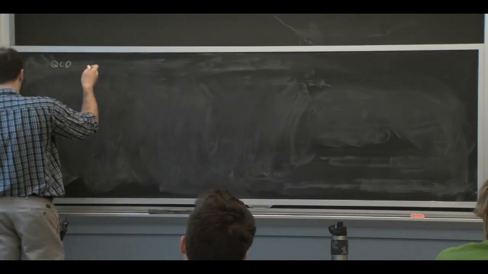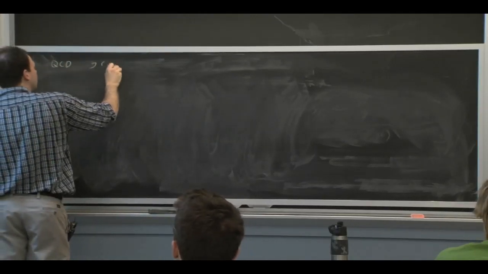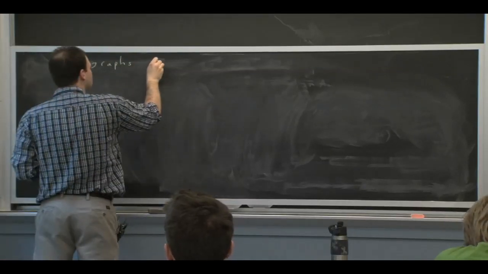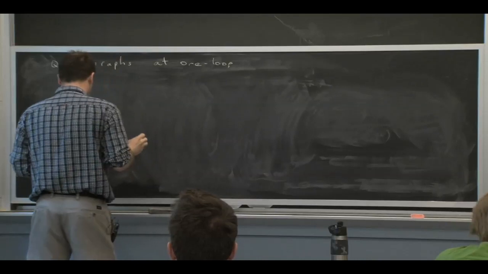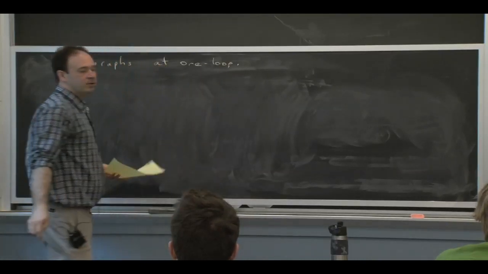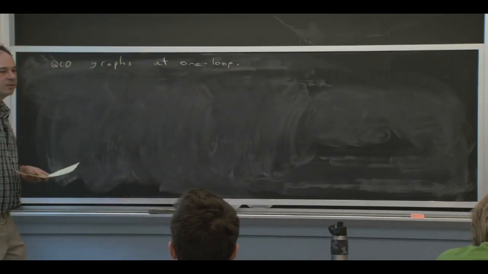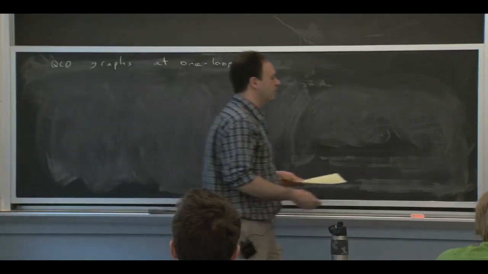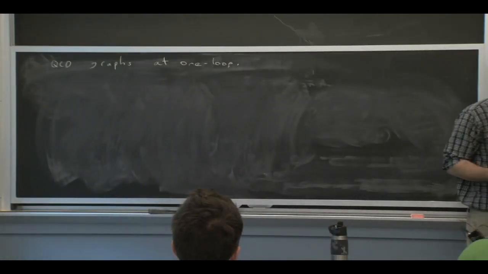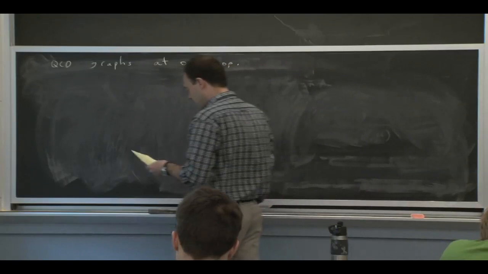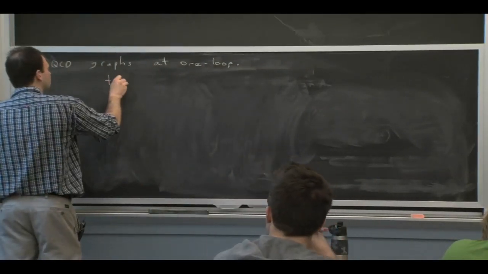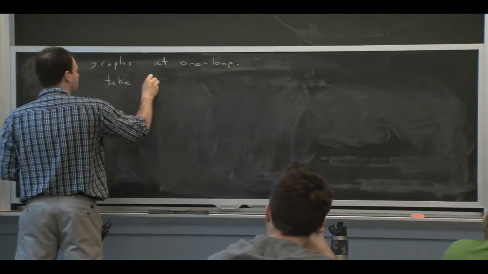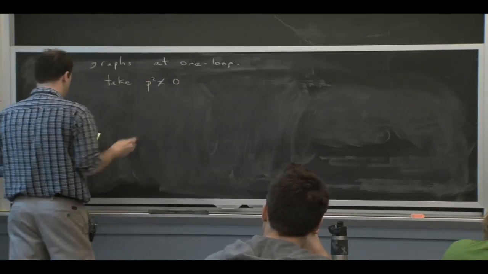Well, let's just think about computing the graphs. So we have to decide when we compute the graphs how to regulate them, right? And we need to use the same infrared regulator in the full theory and the effective theory. So here's how I'm going to regulate them. We could do this different ways, and it's useful to understand that the various answers that we get are independent of the regulator.